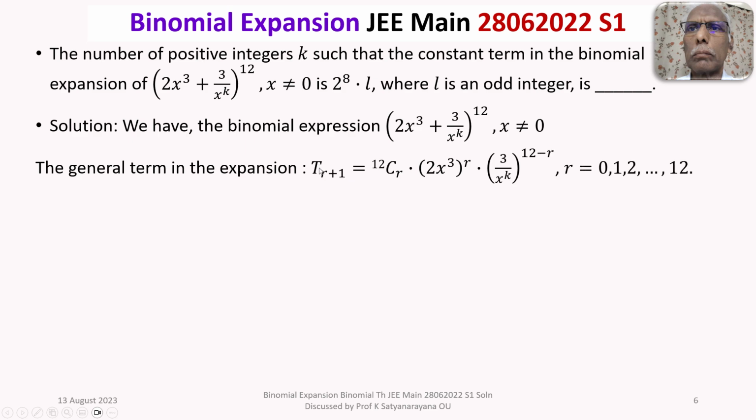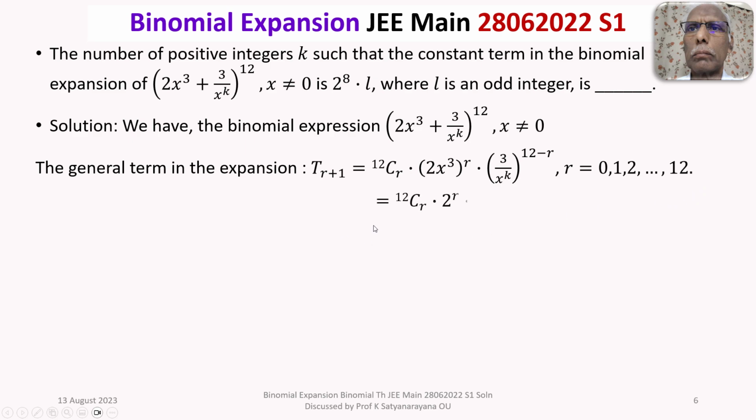That is, the (r plus 1)th term is 12cr multiplied by (2x cube) to the power of r multiplied by (3 by x power k) to the power of 12 minus r, where r takes the values 0, 1, 2 up to 12.